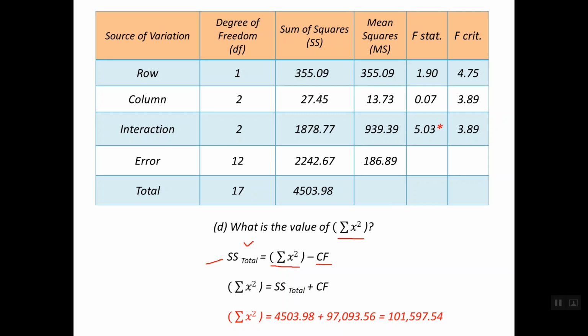The SS total is known in this table. This is the needed value, and the correction factor has been calculated in the previous slide. So if you solve for the summation of x squared, move the correction factor to the opposite side, so it's equal to the SS total plus the correction factor. This is the SS total, and this is the calculated correction factor, and this is the summation of x squared.